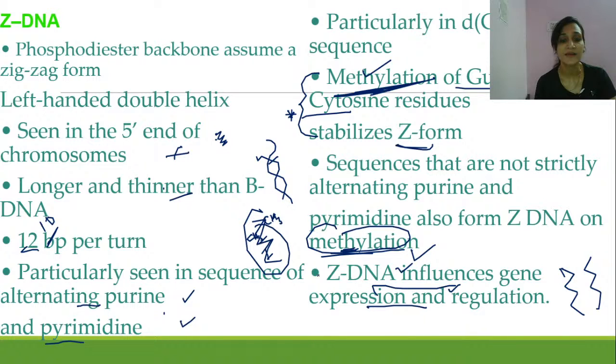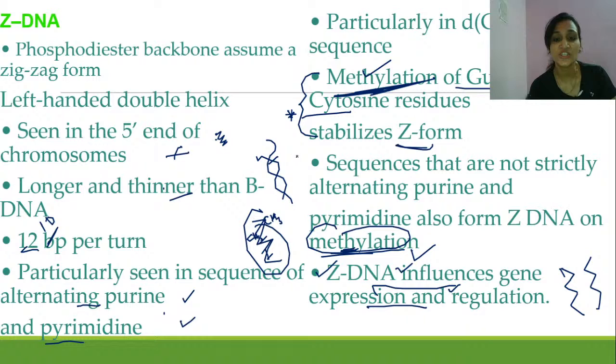Alternating purine and pyrimidine bases are there. Then methylation of guanine and cytosine residues for stabilization is a very important point. And function: what does zDNA do? It influences the expression and regulation of the genetic material. Fine.